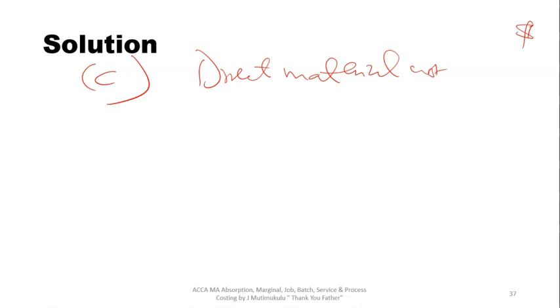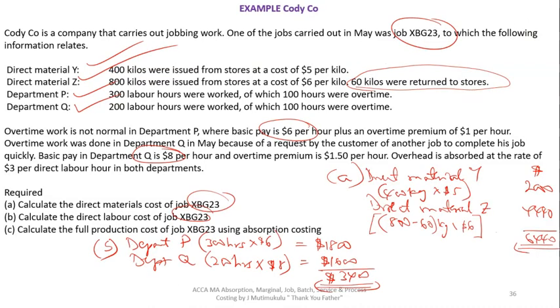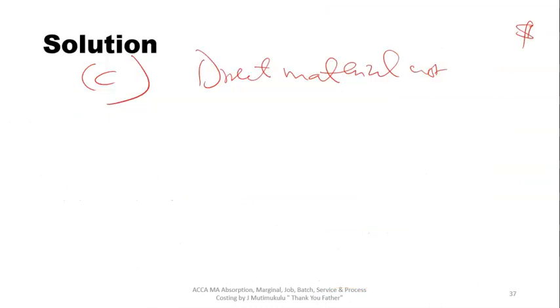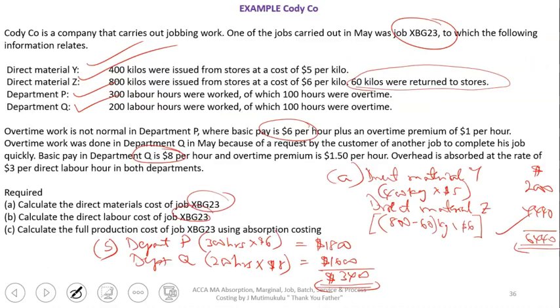We have already computed this figure, which was 6,440. So 6,440, and then direct labor costs. We already calculated this one again as 3,400.